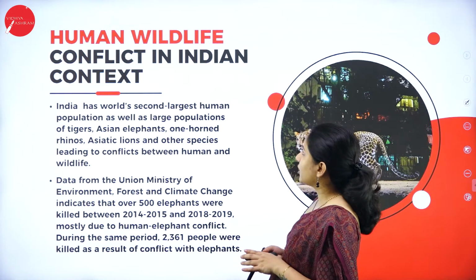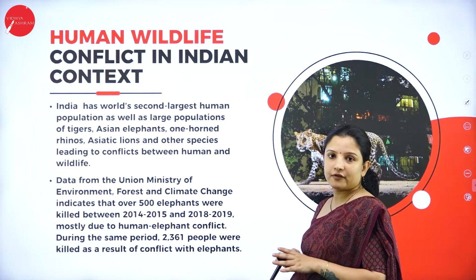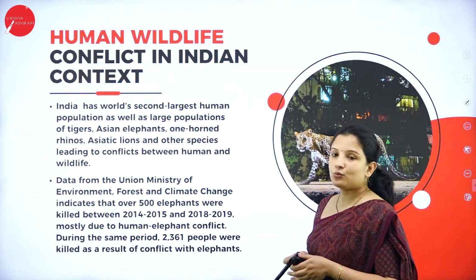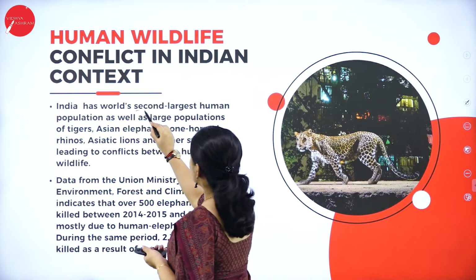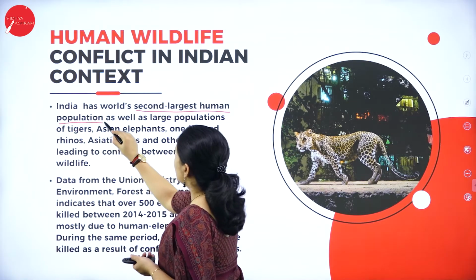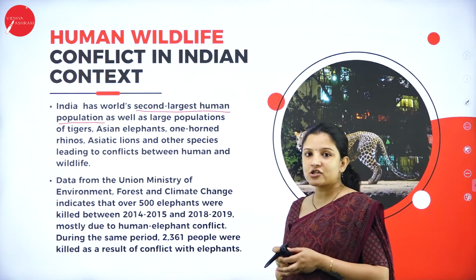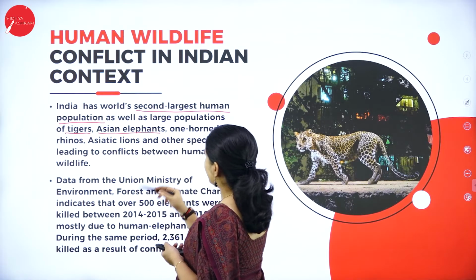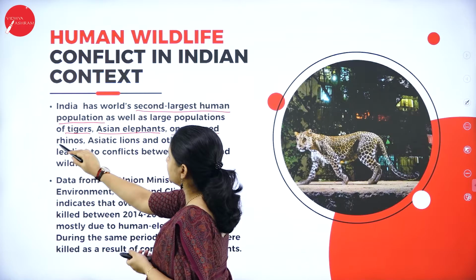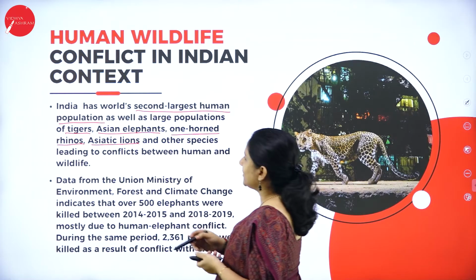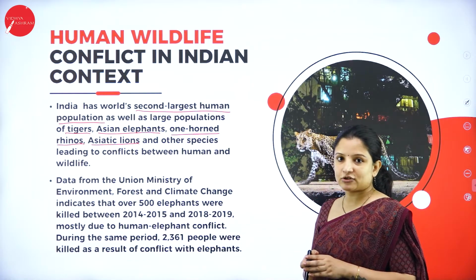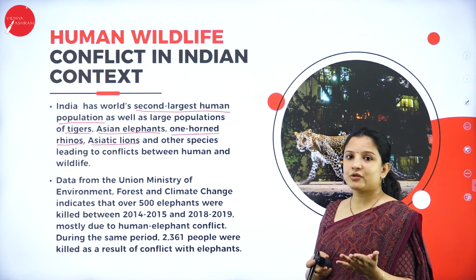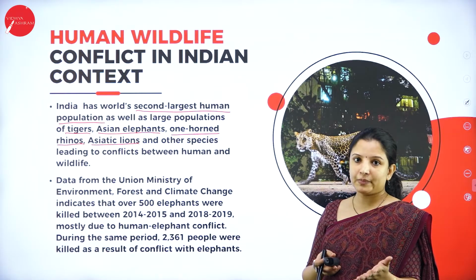So next, let's talk about human-wildlife conflict in the Indian context. India has the world's second largest human population, and it also has large populations of tigers, Asian elephants, the one-horned rhinoceros, the Asiatic lions, and other species of animals, which often leads to conflict between these animals and human beings.